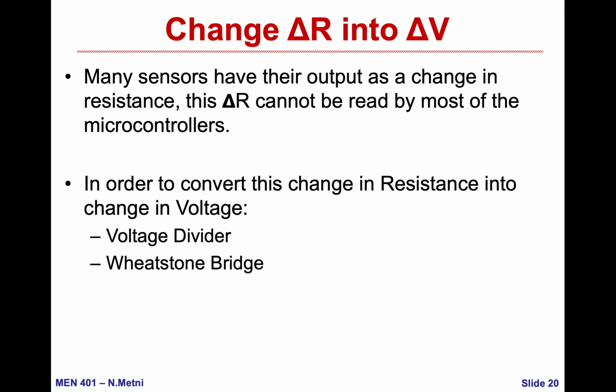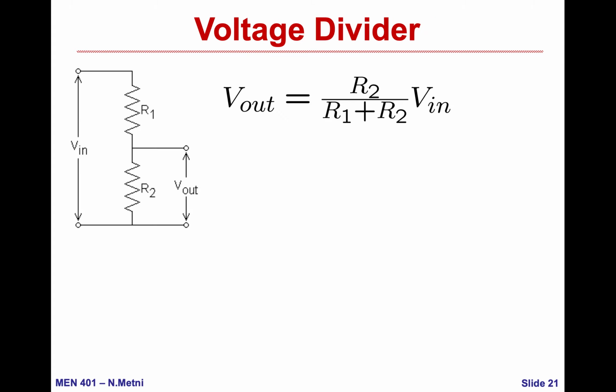The voltage divider, you know what it is. A voltage divider is simply two resistances in series connected to a power supply, and then we take our V out, which is the voltage drop across the second resistor. Since there is one current passing through R1 and R2, after some small mathematical manipulations I arrive at V out equals R2 over R1 plus R2 times Vn.